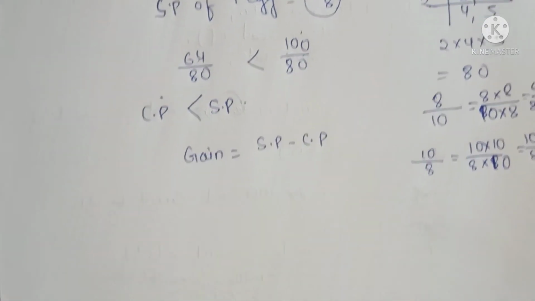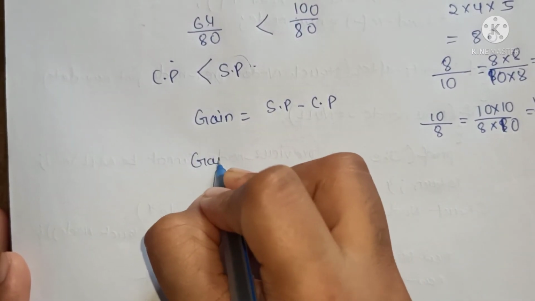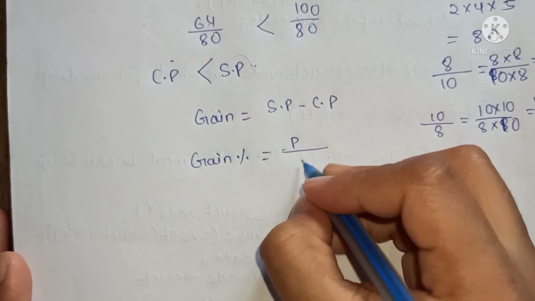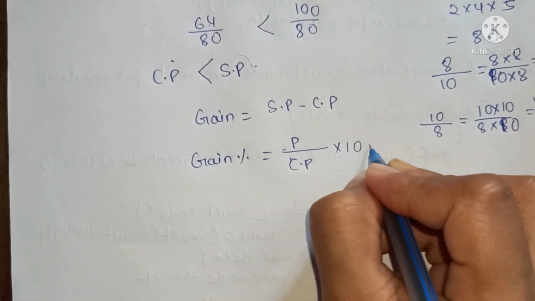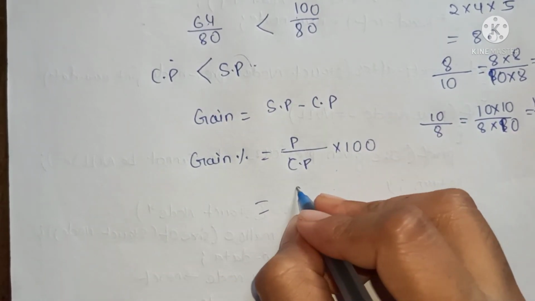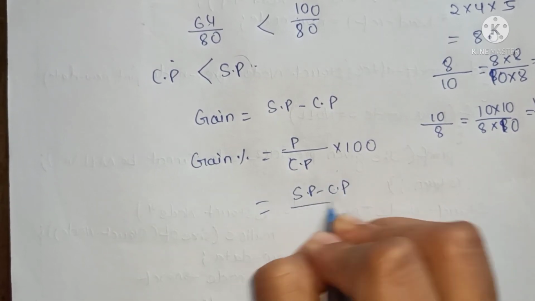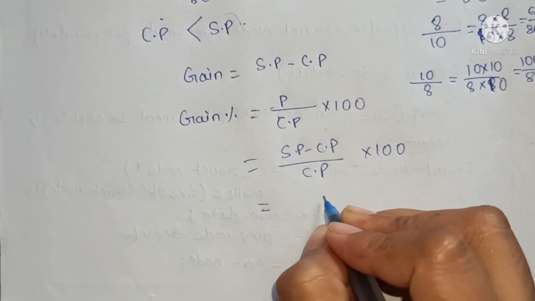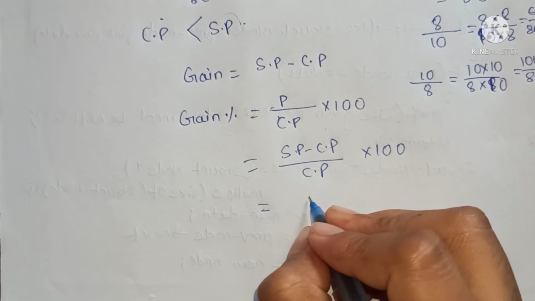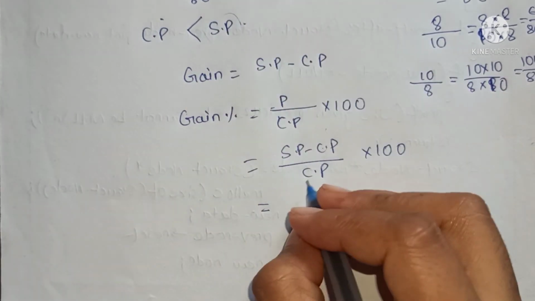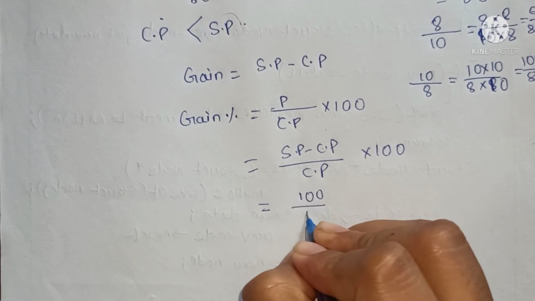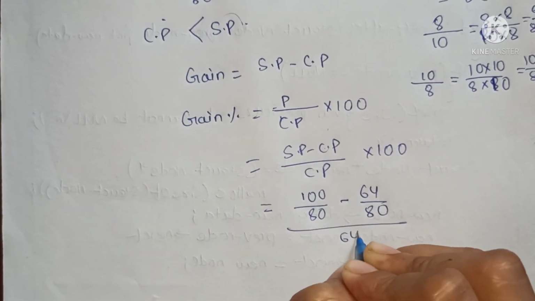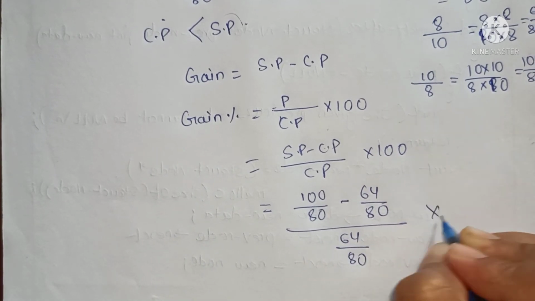We have to find the gain percentage. So we will write gain percentage is equal to profit or gain by CP into 100. Profit is how much? SP minus CP, by CP, into 100. So SP is, using the changed fractions, 100 by 80 minus 64 by 80, by 64 by 80, into 100.